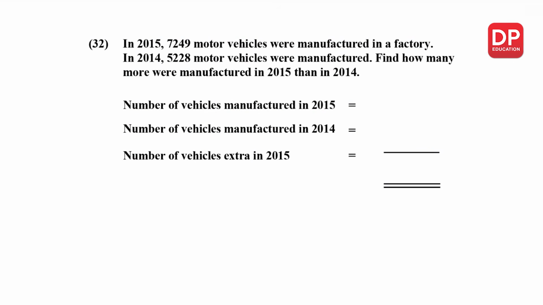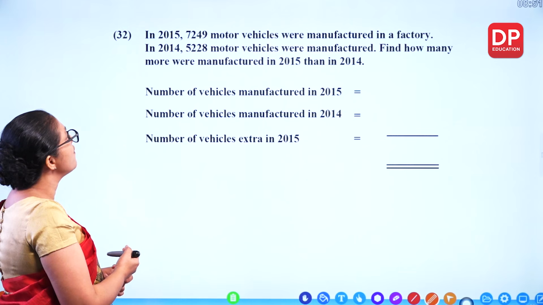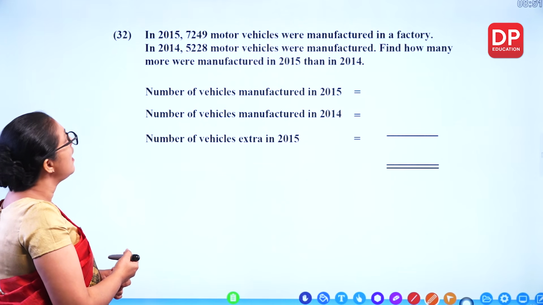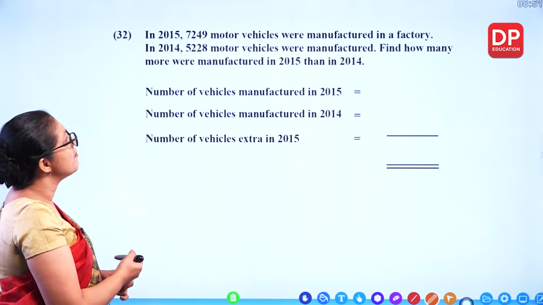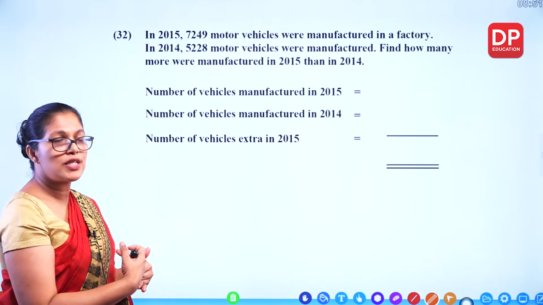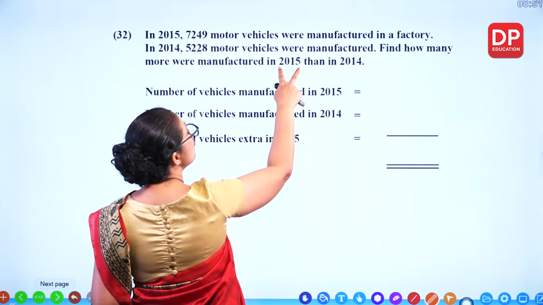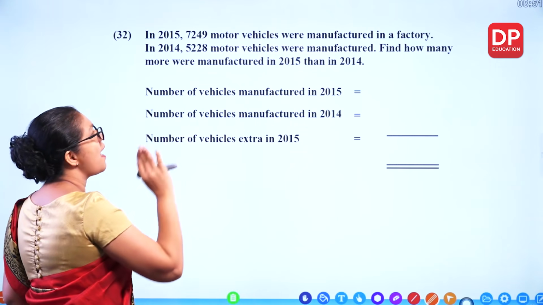In 2015, 7,249 motor vehicles were manufactured in a factory. In 2014, it was 5,228. And how many more were manufactured in 2015 than in 2014? That means the number manufactured in 2015 is higher than that.